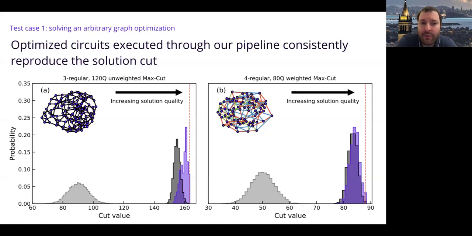The light gray one that you see very far away from the other distributions is just random sampling. We just randomly sample 10,000 bit strings, and we ask what is their cut value. And the dark gray is a local solver, a classical solver. This is something that is a bit equivalent to simulated annealing, for example.